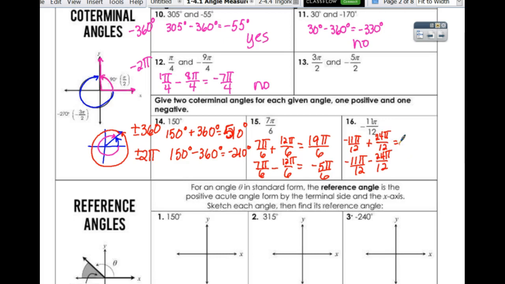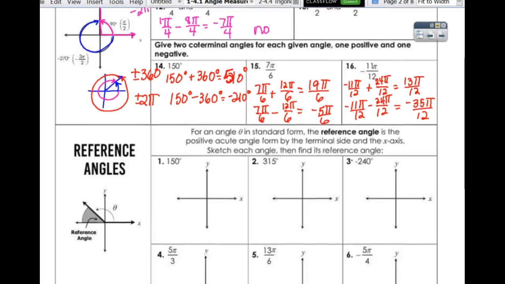So negative 11 plus 24 gives me 13 pi over 12. And this one gives me negative 35 pi over 12. Plus or minus 2 pi, pi over 180, initial and terminal, and all the 90s.